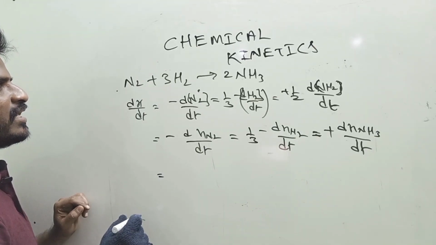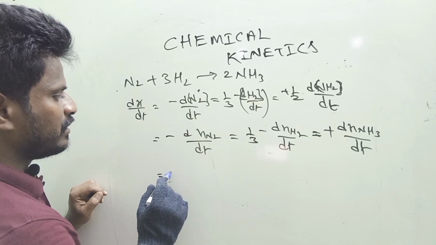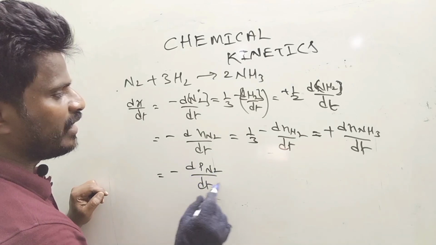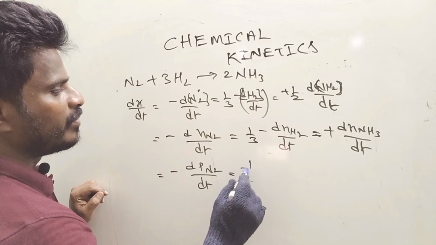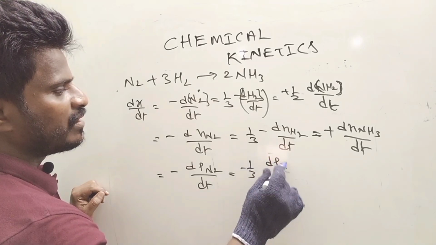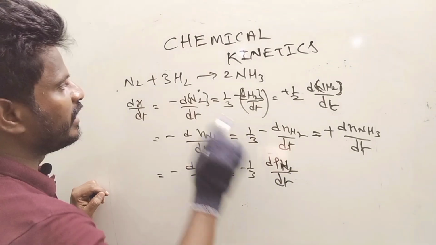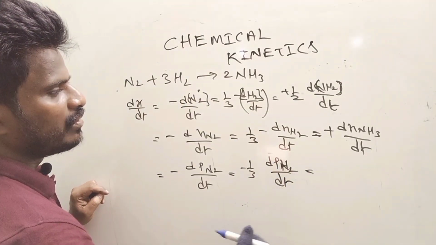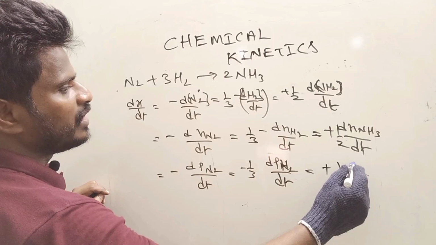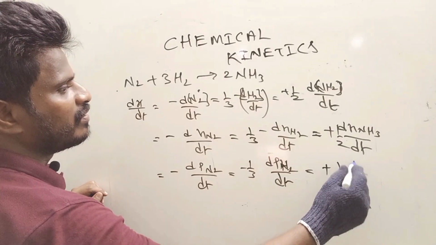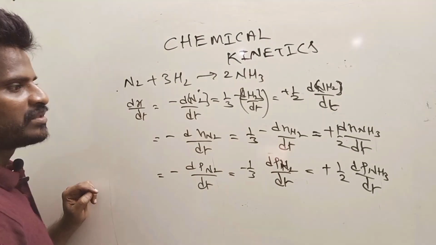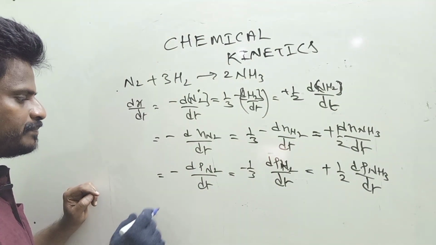And this expression in terms of partial pressure is minus change in partial pressure of N2 by dt, that is equal to minus 1 by 3 into change in partial pressure of H2 by dt, that is equal to plus 1 by 2 into change in partial pressure of ammonia, that is d partial pressure of NH3 by dt.